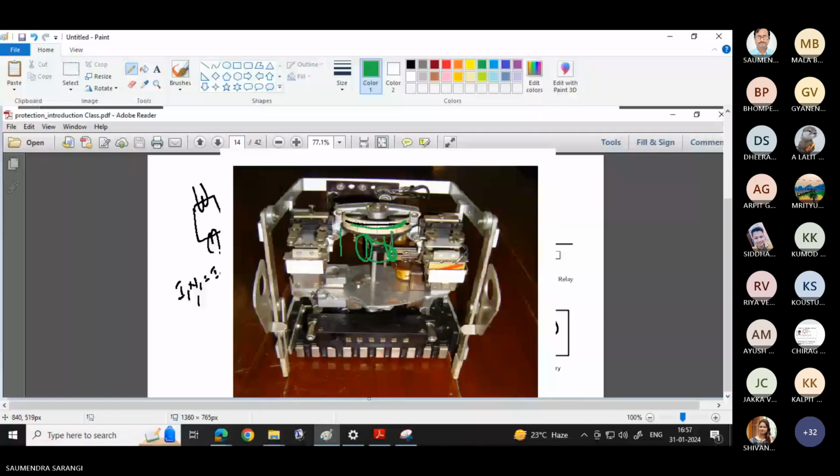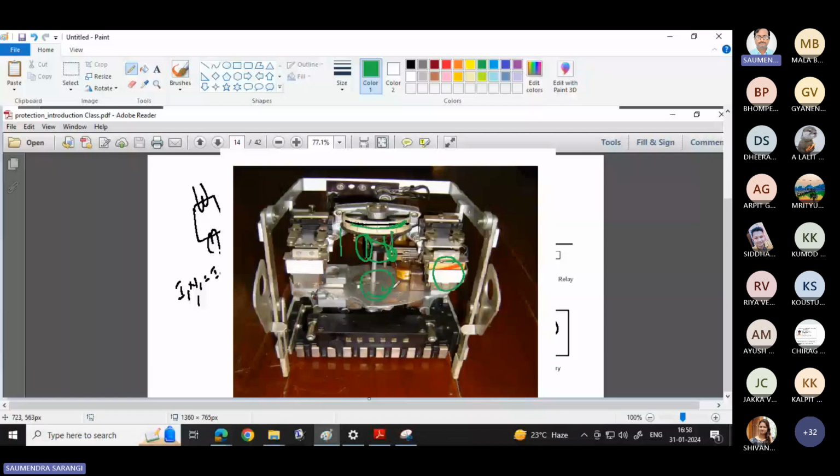It will come down. The operation of this electromechanical relay is nothing but like the operation of our electromechanical energy meter. So here is a disk. We will be having two coils, called the current coil and the pressure coil. When it is supplied, then definitely eddy currents will be flowing over this disk, and because of that the torque will come.